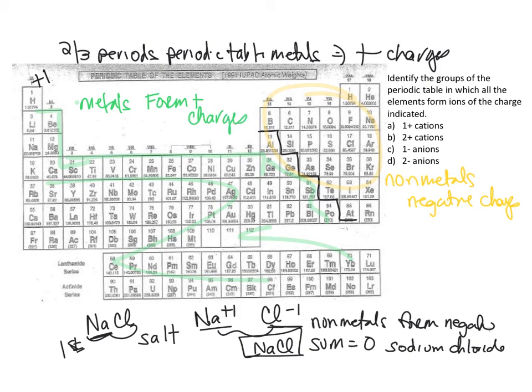So group 1 is a +1. What are those? The alkali metals. Group 2 is a +2, and these form +2. So these are alkaline earth metals.